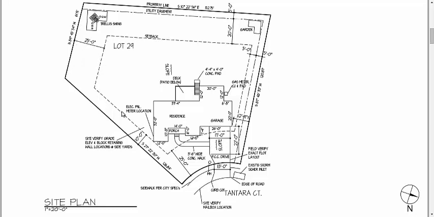So anywhere within this dashed line right here, we can build our house. We could have put the house clear back here if we wanted to. But the setback says that you can't build any part of your house closer than 25 feet to the property line. Okay, that's called our setback. Now, if you look over here in the very back right corner, we still maintain 25 feet.